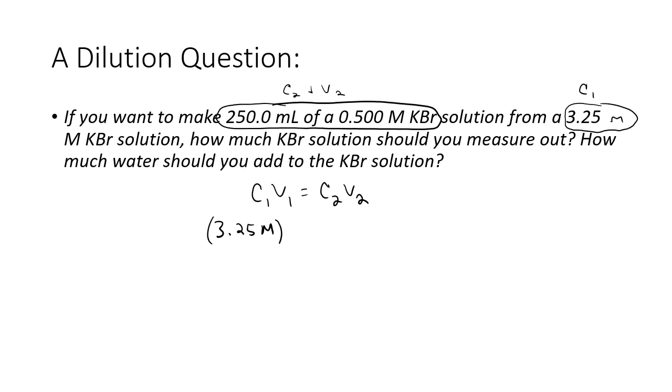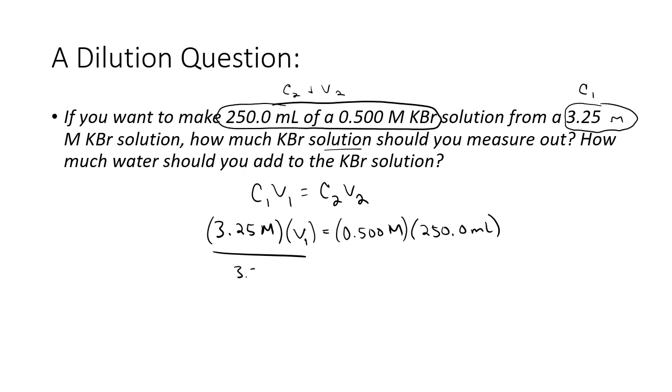I want to know how much of that KBr solution I should measure out, so that's going to be my volume. I want to make a 0.5 molar solution, so that's my concentration, and it's 250 milliliters that I want to make, so that's going to be my volume too.